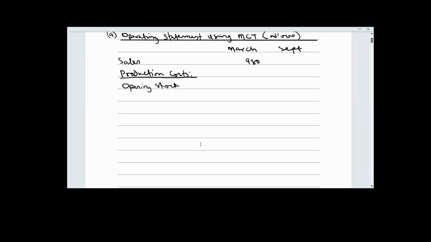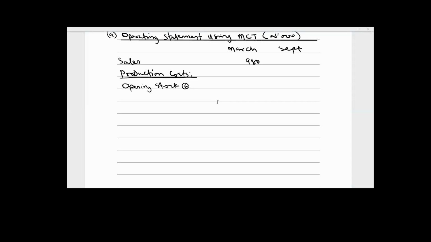Immediately after the production cost, the first item will be opening stock. Remember, we are using the marginal costing technique. Therefore, this opening stock will be valued at total variable cost per unit. So we go back to the question and add up all the variable costs.